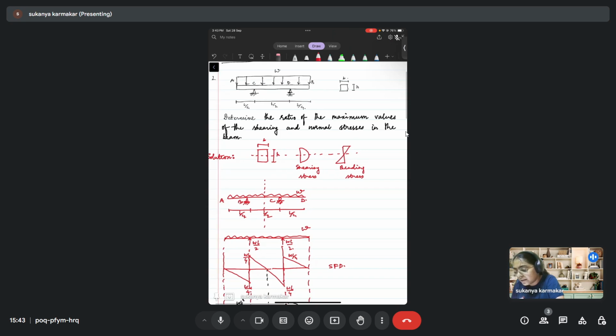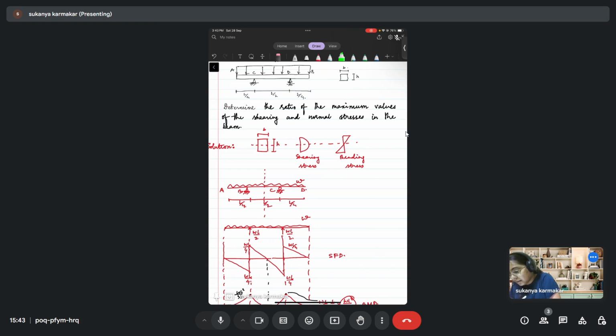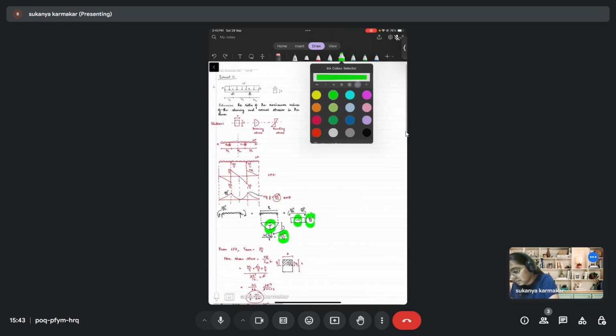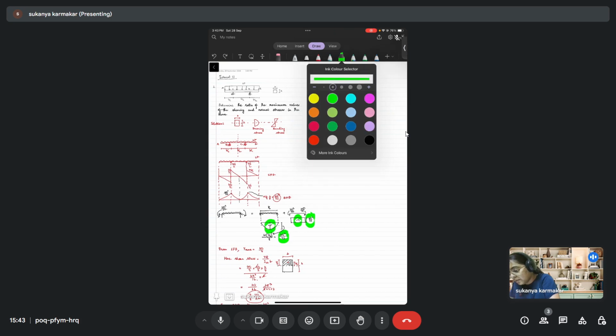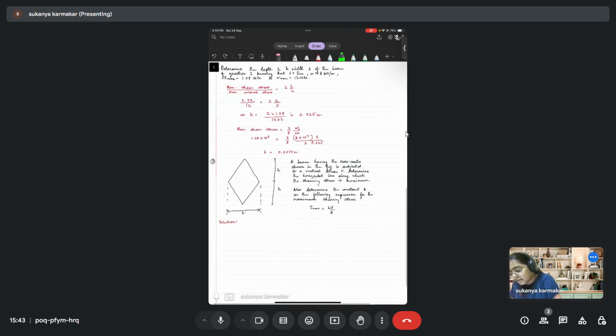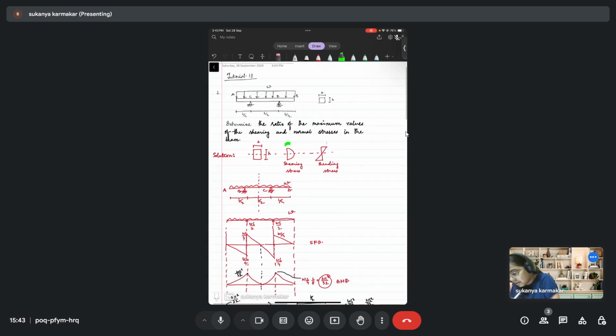So for calculating the maximum value of shearing and normal stresses, for the bending stress, you will calculate the value at the top, because that is the point where the bending stress is maximum.